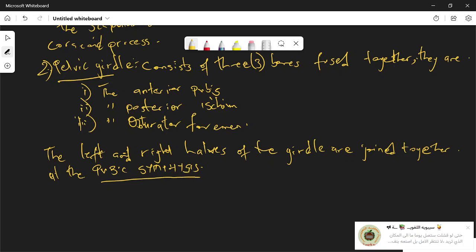That is where we have the bones of the left and the right halves of the pelvic girdle joining together.